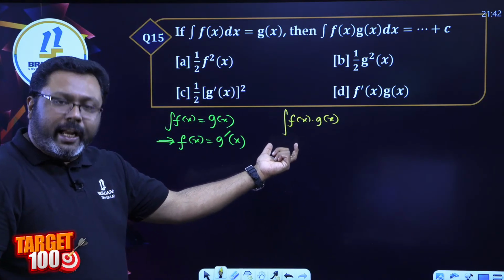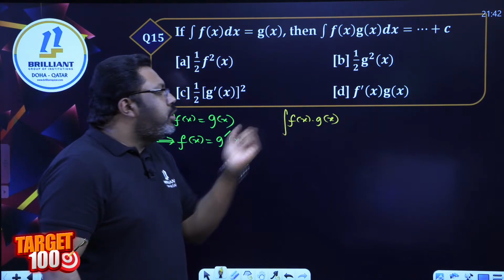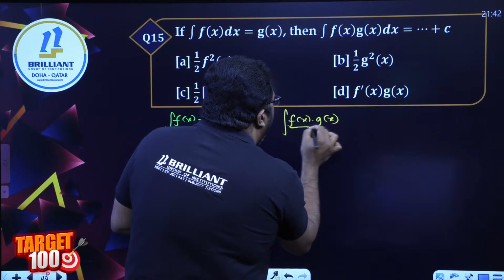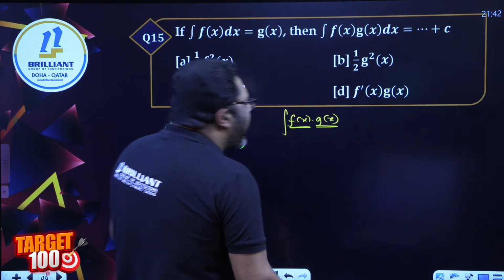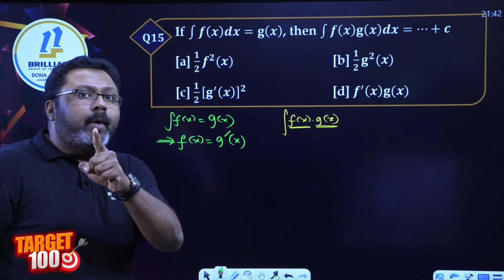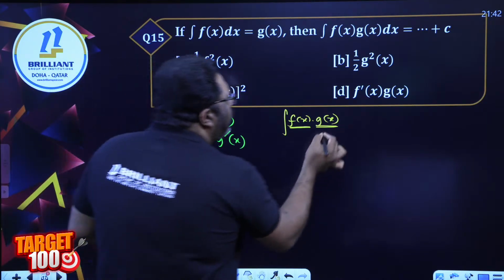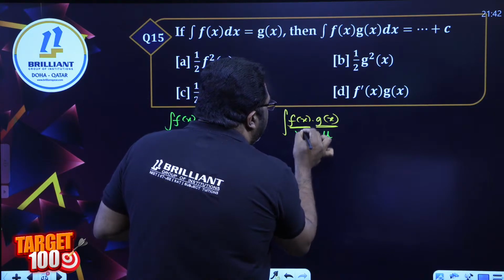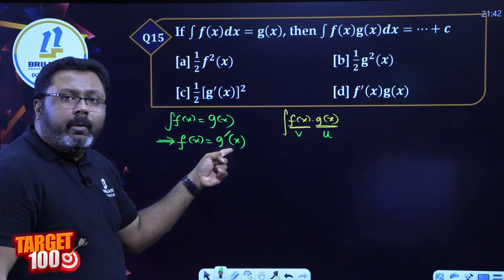Use integration by parts, and decide which function should be considered as u and which as v, so that I will get g dash x. Very, very important. You cannot simply take and do by parts. You have to take this as u, because we take the derivative of u and g dash of x is coming here.